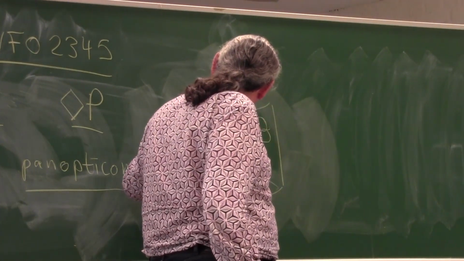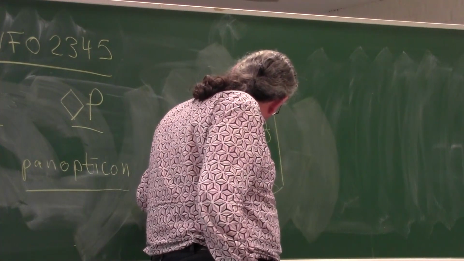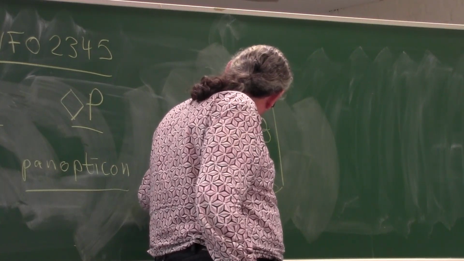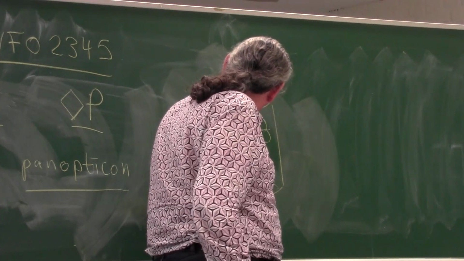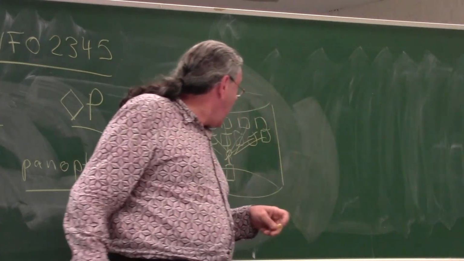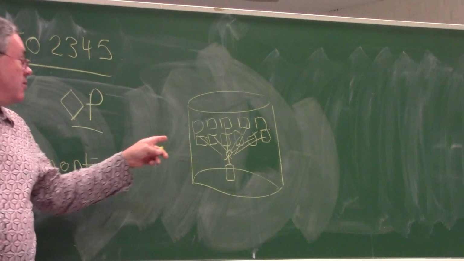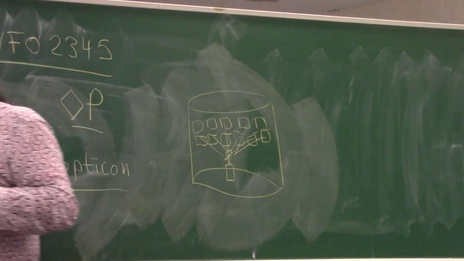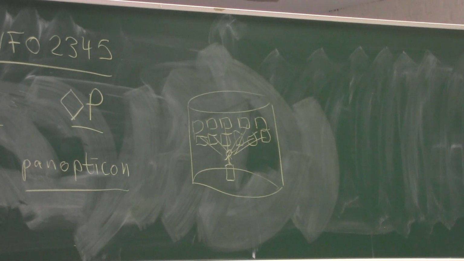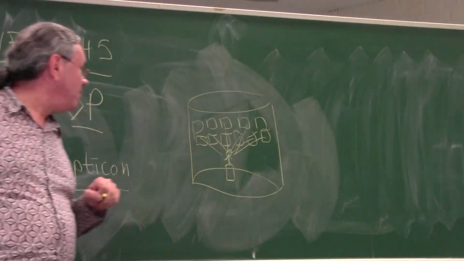Let's say this is a little rectangle of prison cells, and you have one guy standing in the middle who can see all of them. The cells have a glass wall on one side. So when you're a prisoner, you don't know if the guy's looking at you, but he could be looking at you anytime. So you're going to be careful, right?